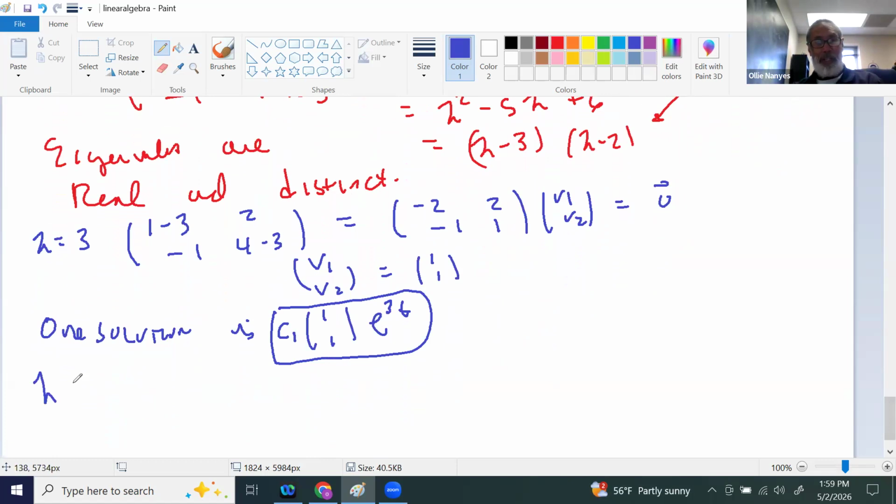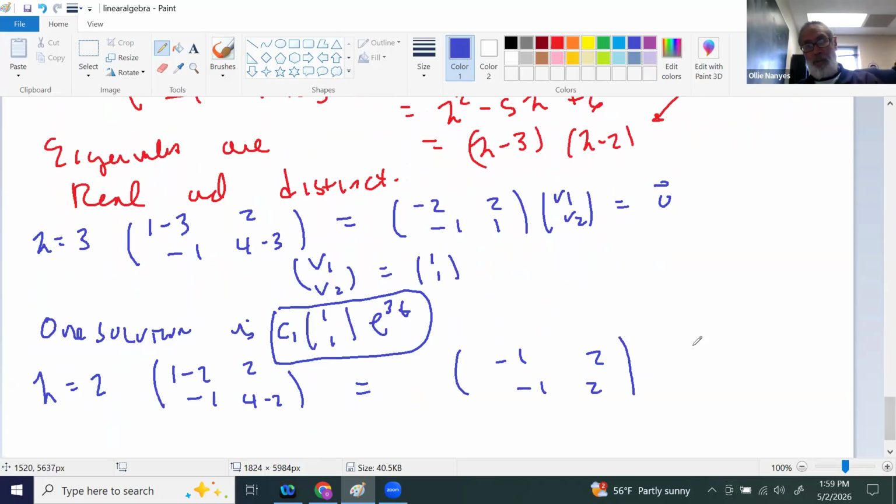Now if we use lambda equal 2, what I get is 1 minus 2, 2, negative 1, 4 minus 2. That's going to be negative 1, 2, negative 1, 2. And a vector that gives us a 0 here is the vector 2, 1.